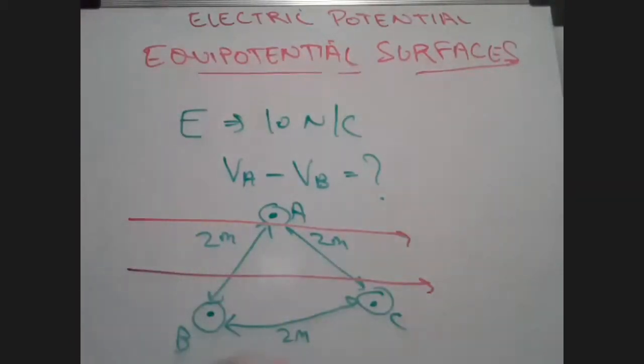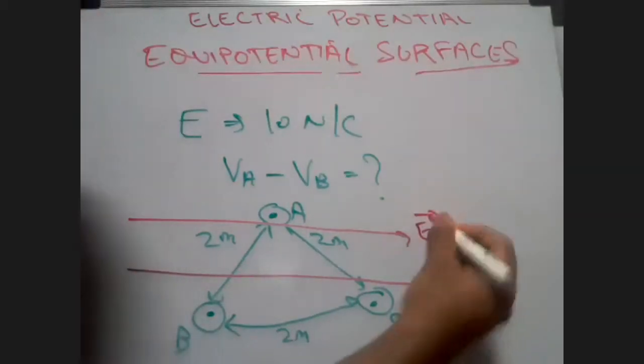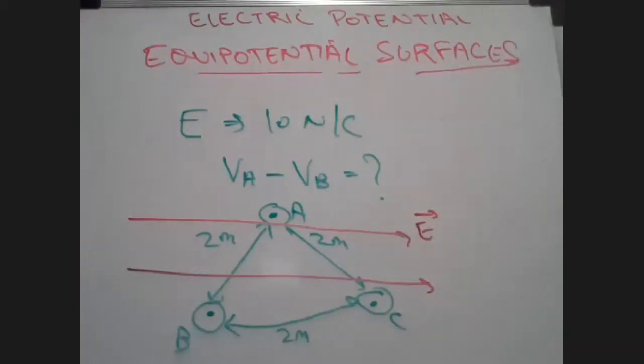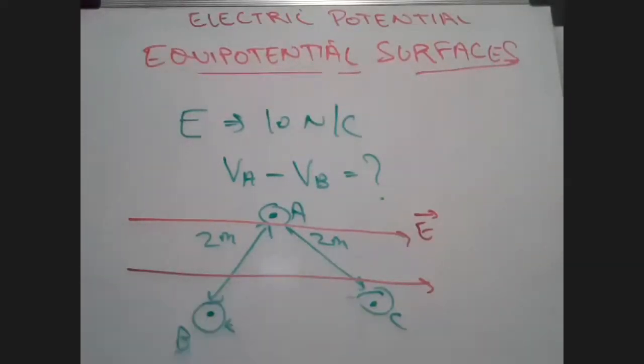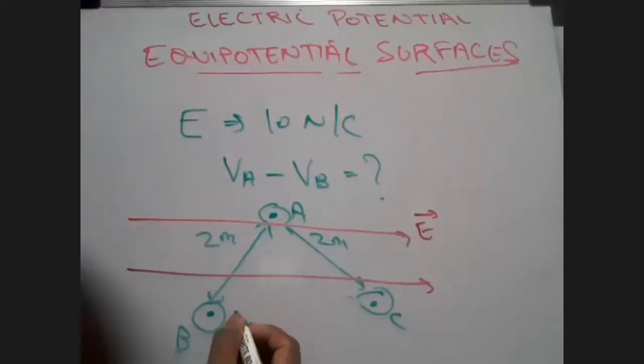Can anyone immediately tell me what the potential difference is going to be? Quickly. It's a very easy thing. Of course, my line is not straight, you can make a straight triangle.